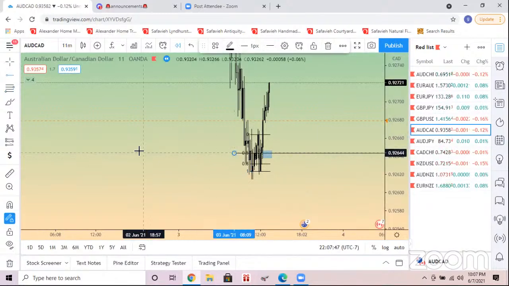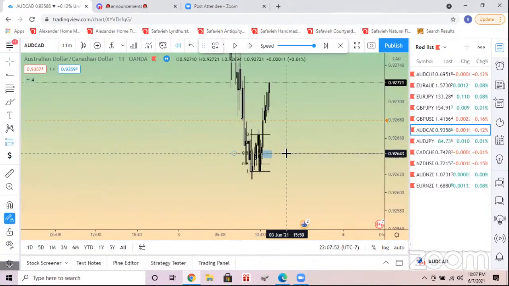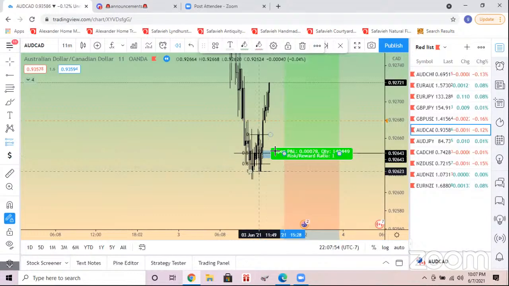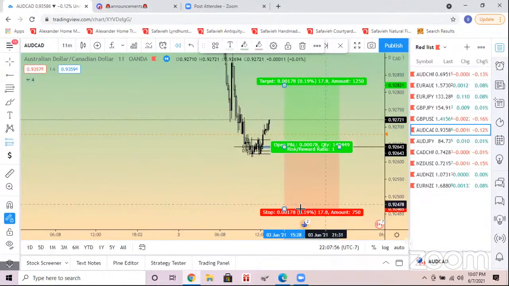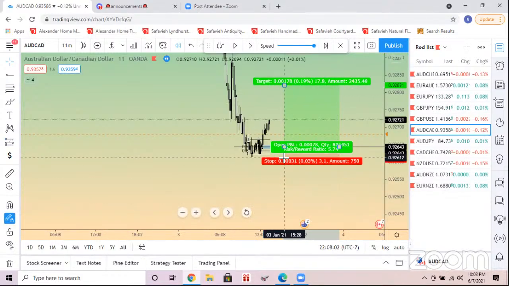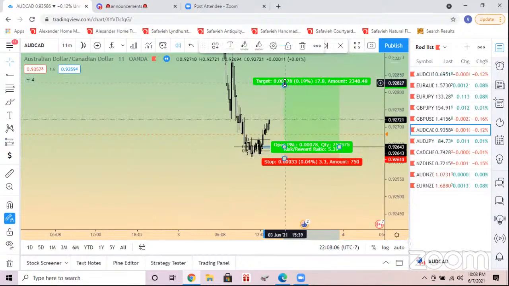I like this 50. Cover the low. Boom. We got a 3 pip stop.